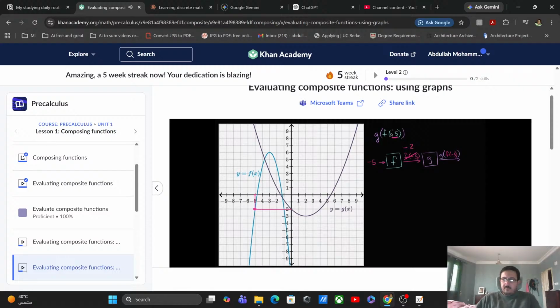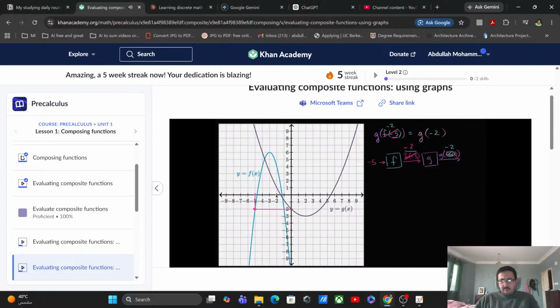And so instead of saying g of f of negative 5, we could say, well, f of negative 5 is just negative 2. So this is going to be equivalent to g of negative 2. We're taking that output, negative 2, and inputting it into g.